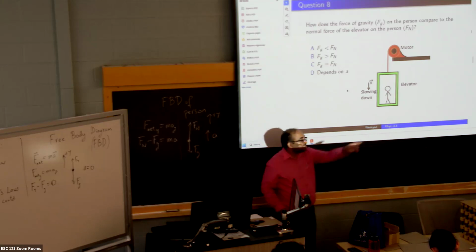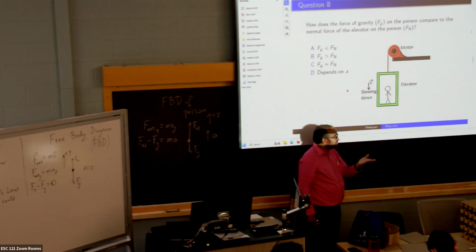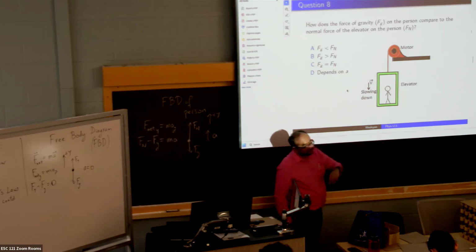Also, if the second velocity has a smaller magnitude and it's still pointing downwards, a negative minus another negative is going to be positive, so then the acceleration would be in the positive j hat direction. Okay, after class, we'll talk about it after.